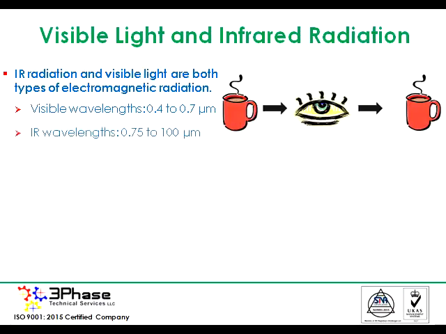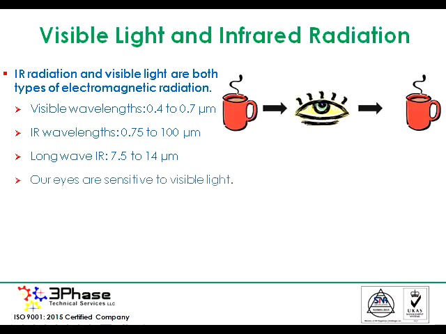Infrared wavelengths are 0.75 to 100 micrometer. Long wave infrared is 7.5 to 14 micrometer. Our eyes are sensitive to visible light. A thermal camera is sensitive to infrared radiation.